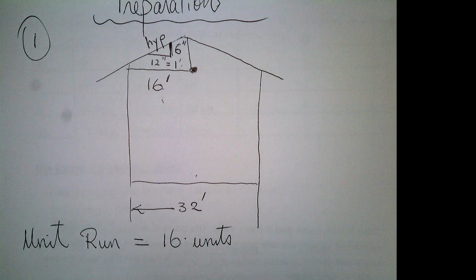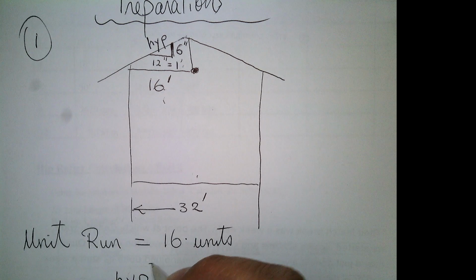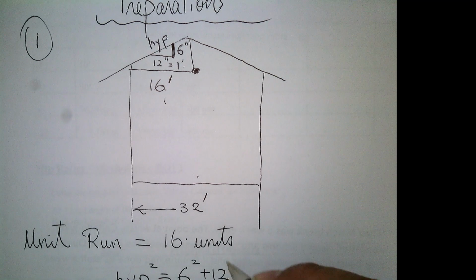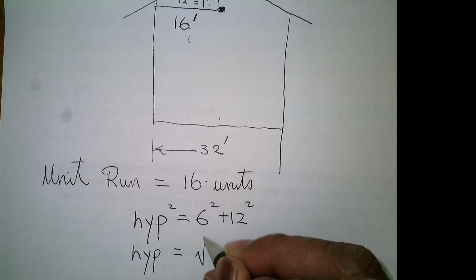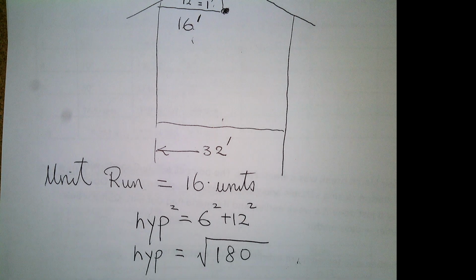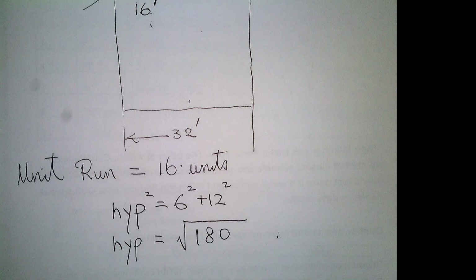The hypotenuse is the square root of 180, and that's going to give you 13.4 inches.